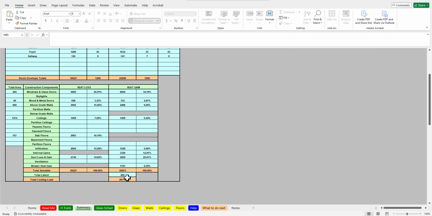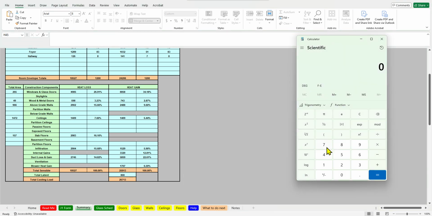So you take this number, 26,713, divided by 12,000, and approximately the home will need a 2.2 ton cooling unit. Now the way to do this properly would be to follow it up with a Manual S, which is the proper method of selecting equipment, because it's not just about matching the tonnage, you actually got to match the specific machine to see if it's up for the job.